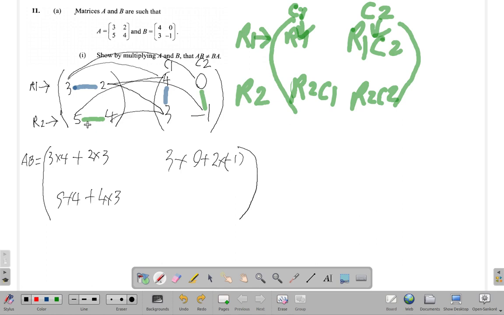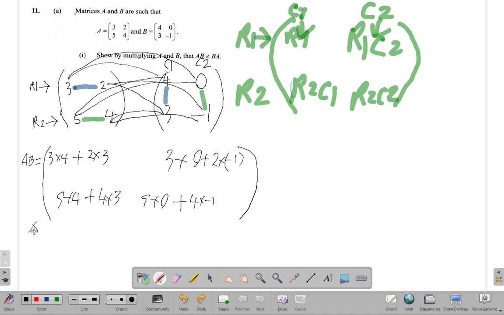Now you have row 2, first in row 2 by first in column 2, which is this 5 by 0, plus seconds, second in row 2 by second in column 2, 4 by -1.